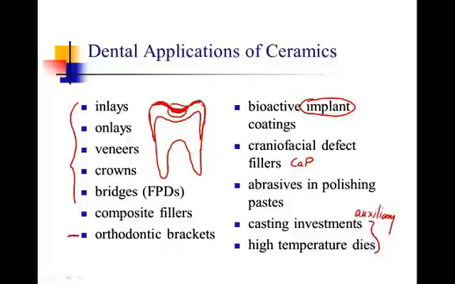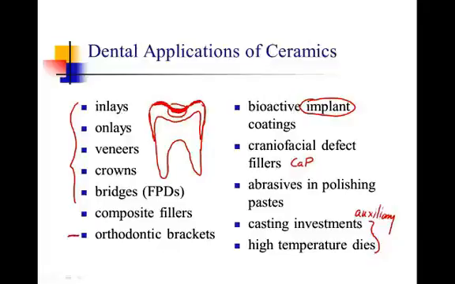One of those is to make casting investment. An investment is a mold that we would use, for example, a ceramic mold to melt gold alloy and cast the molten gold alloy into the shape that it needs to take to form a prosthesis.